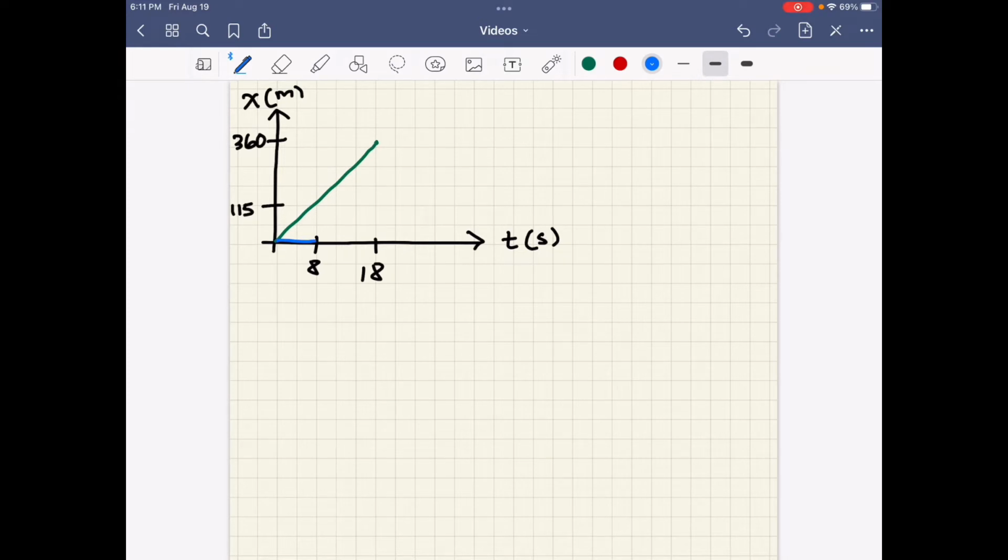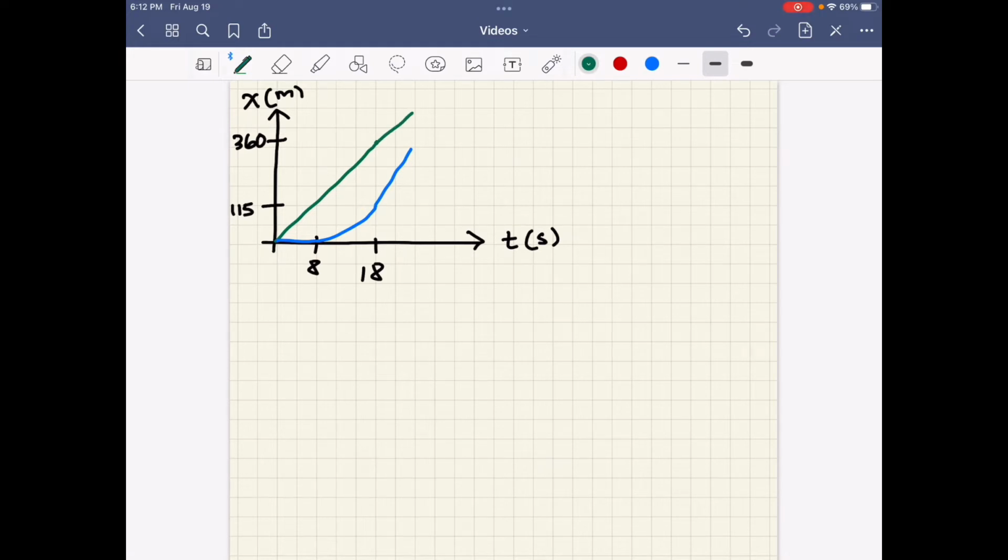Then he accelerates, and he gets to this point at 18. Acceleration shows a curve, something like that. And then the police will go at constant velocity, just going from here, like this, and the boat will keep going at the same rate.